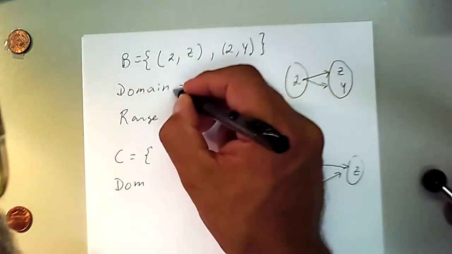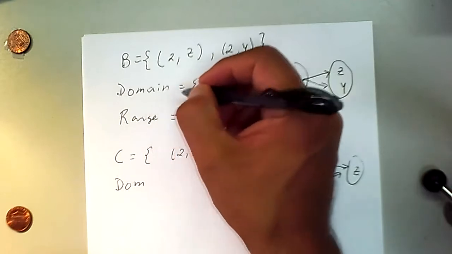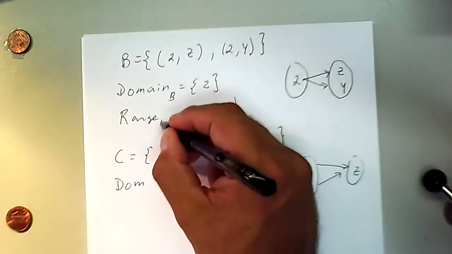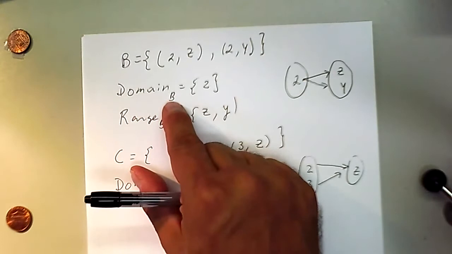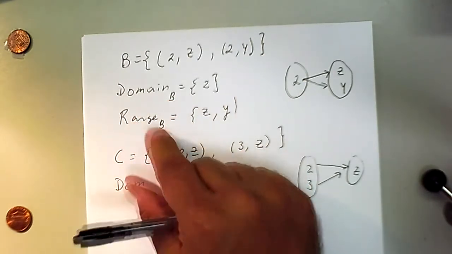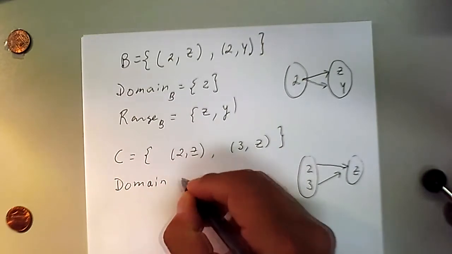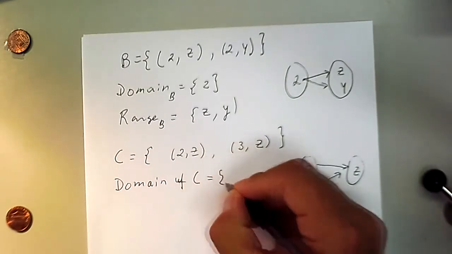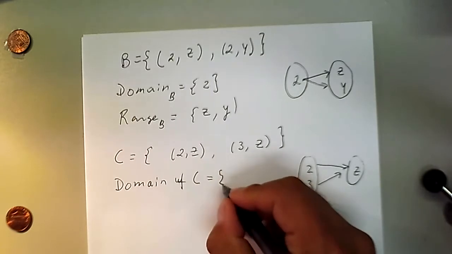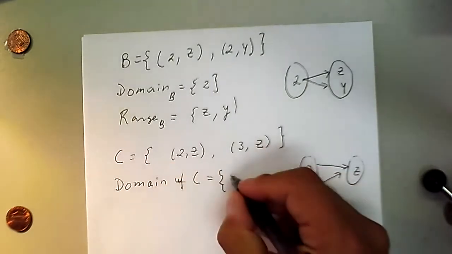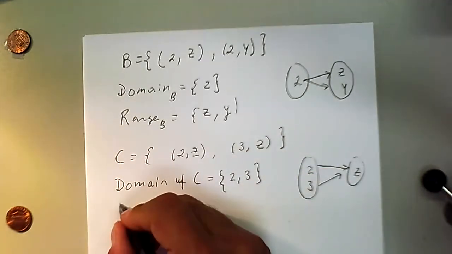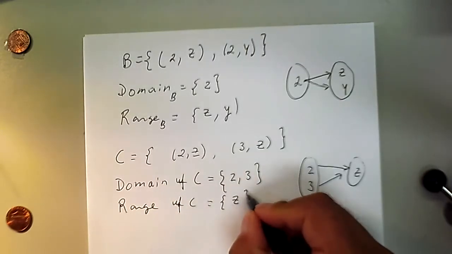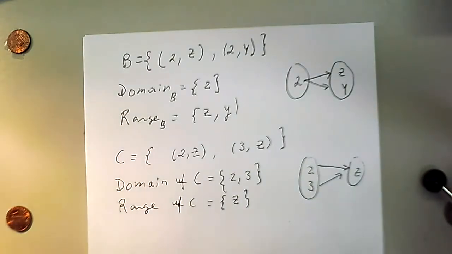I'm going to put subindex B and a subindex B, meaning that this is the domain of the relation B and the range of the relation B. Okay, so domain, or we can simply write out domain of C, which will be the set, that bracket kind of looks a little funny, 2, 3, and the range of C contains Z. Yeah, a set with only one element.